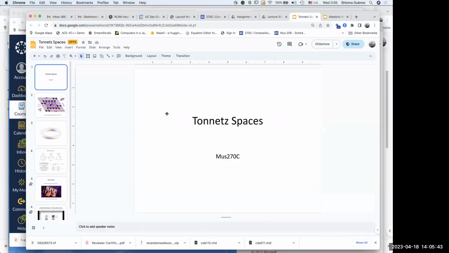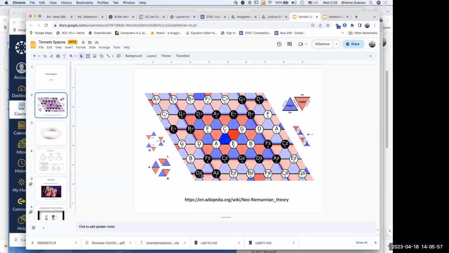We spoke about Tonnetz spaces as a way to represent aspects of Western music theory, namely the idea that after we spoke about consonant and dissonant intervals, consonance and dissonance as a perceptual phenomenon, that gives more weight to relations of fifth, third, minor, and major.